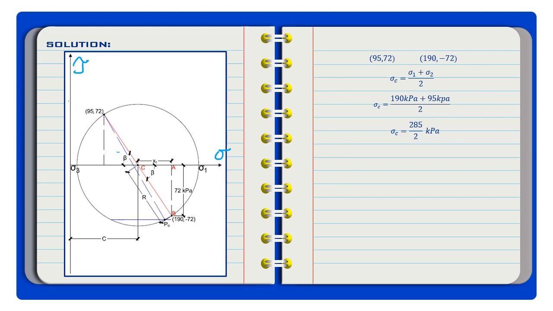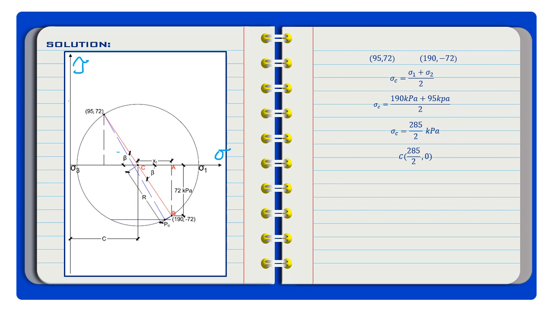So, the answer will be 285 over 2. That will be the value of sigma c. So, the coordinate of our center now will be 285 over 2, 0, kasi yung shear stress natin at the center of our Mohr's circle will be 0.